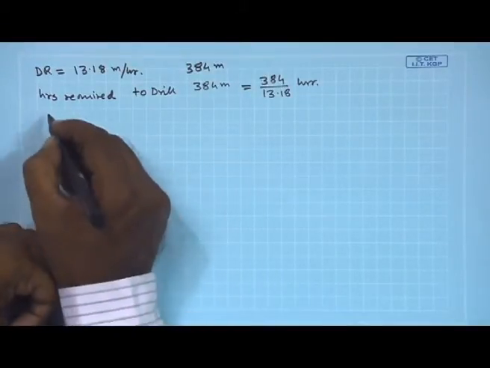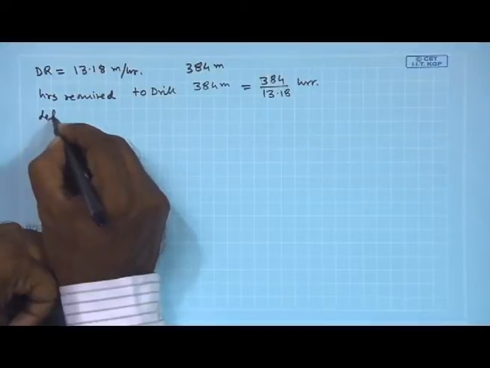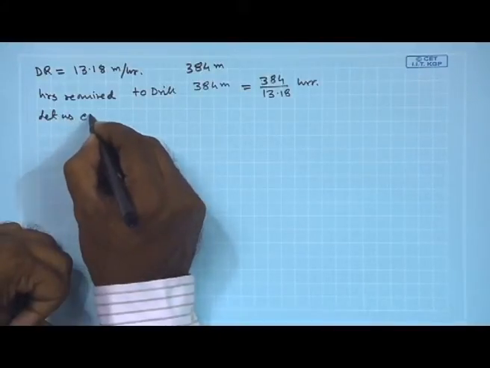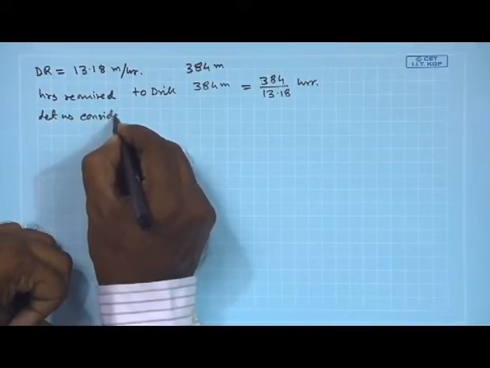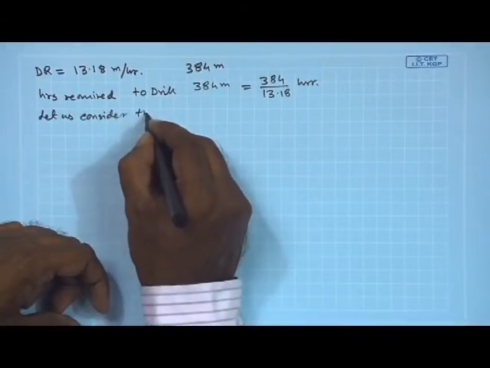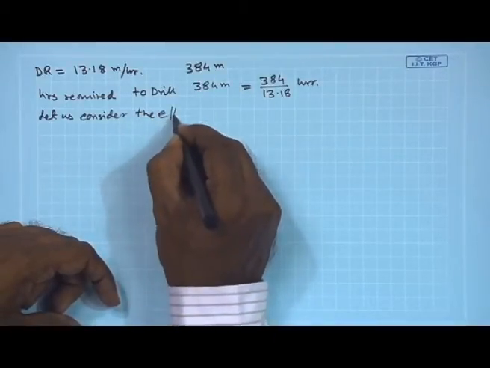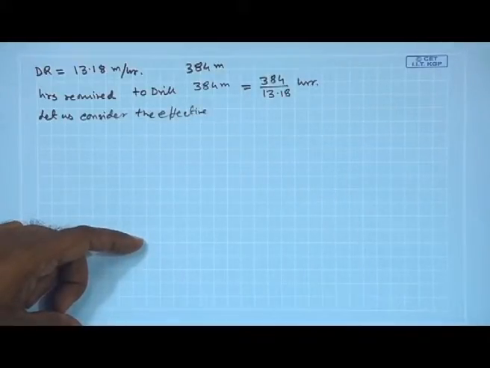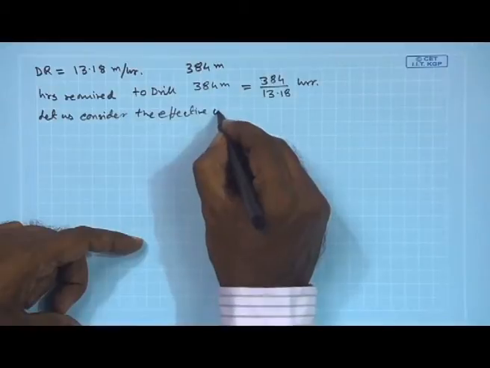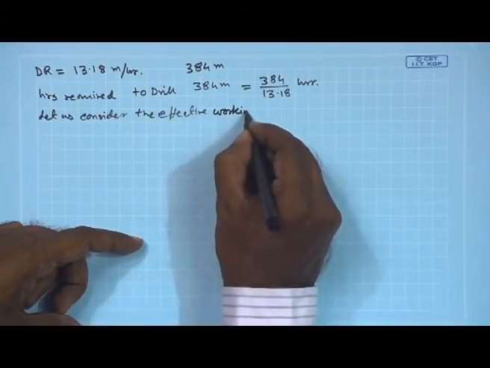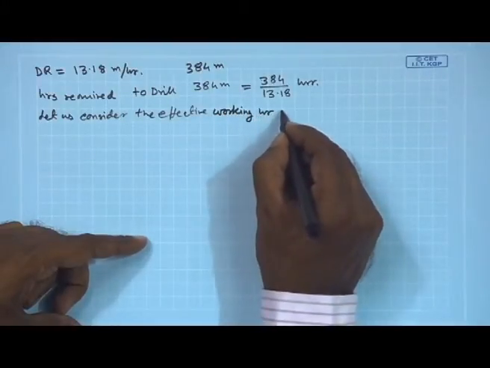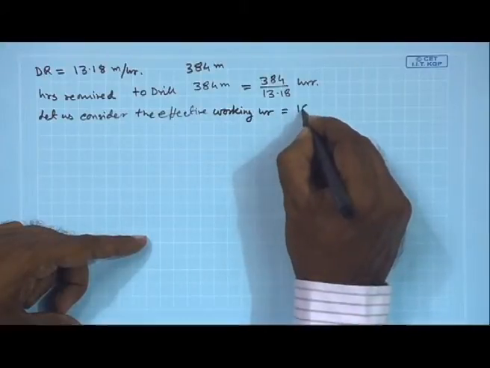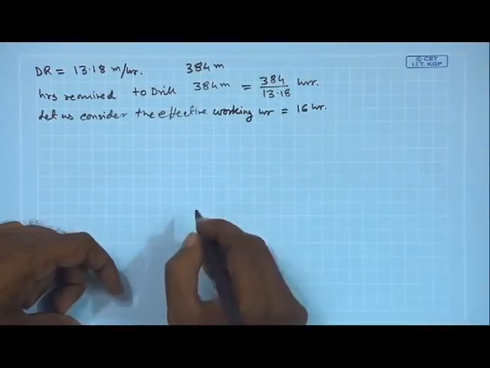Let us consider the effective working hours in a day available is 16 hours.